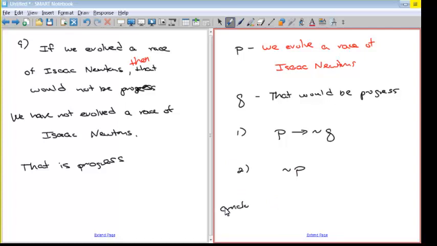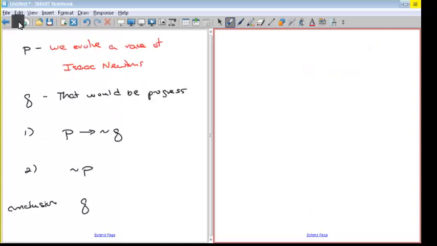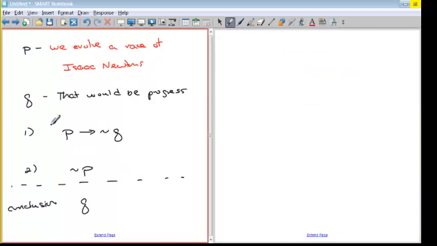The conclusion is that would be progress, so the conclusion is Q. Premise, premise, conclusion. Now we write this as a full logic statement because these are the premises: if this and if that, then conclusion. So all you do is you take your two premises.